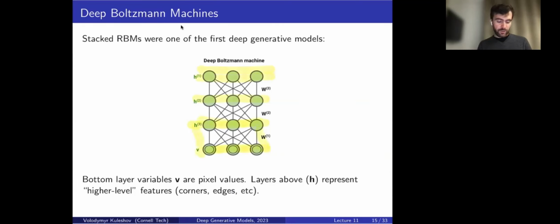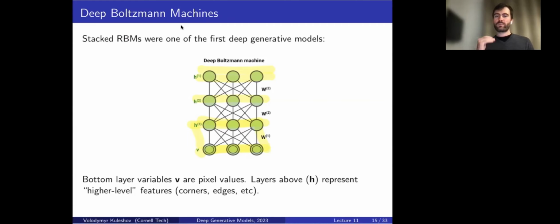But within each layer, the energy between these two variables is just an RBM. So it's just an extension of the previous energy models to having multiple layers. And when we train these deep Boltzmann machines, first of all, it's really not obvious how to train this. I will talk about it shortly, but let's assume we have a way of training it, and I'll talk more about that in a few minutes.